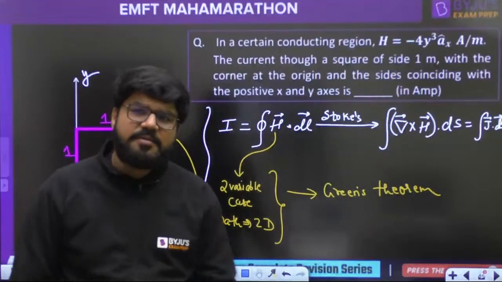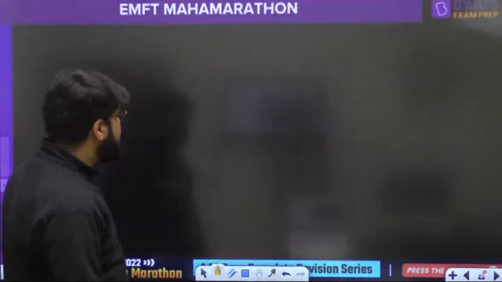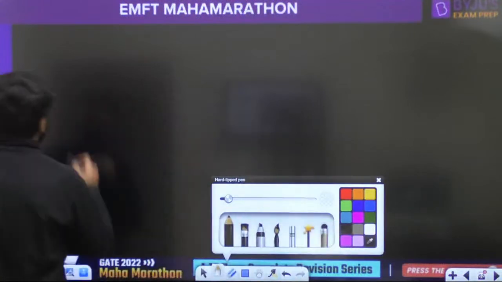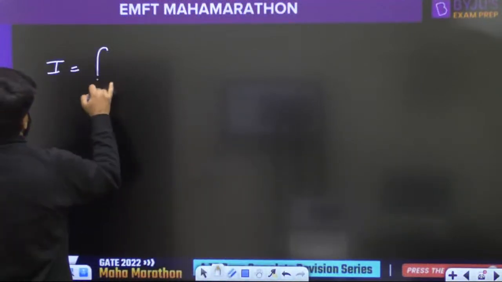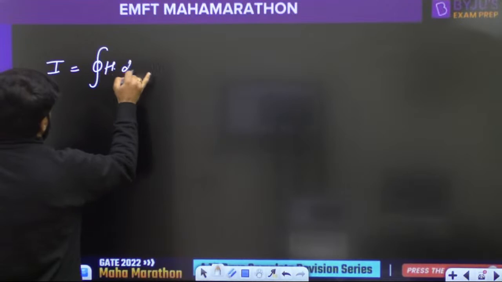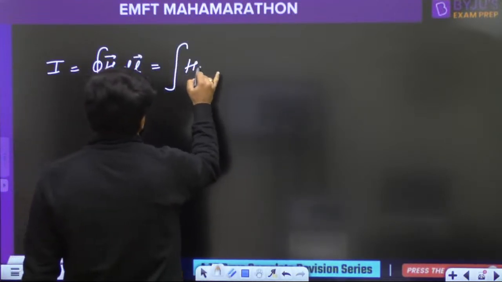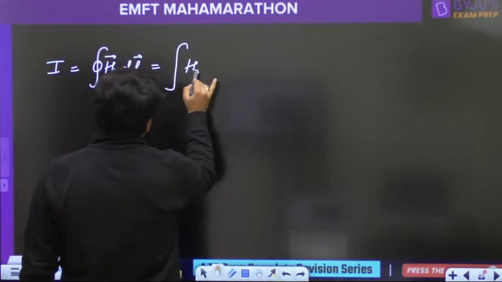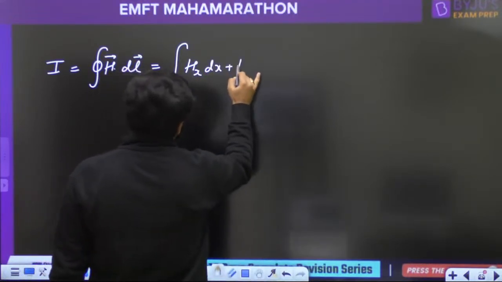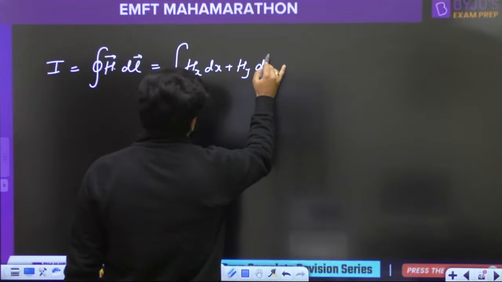Sir, what is the Green's theorem? I, which is integral H dot dl, can be further written as integral hx dx plus hy dy. This is how we open the line integral.